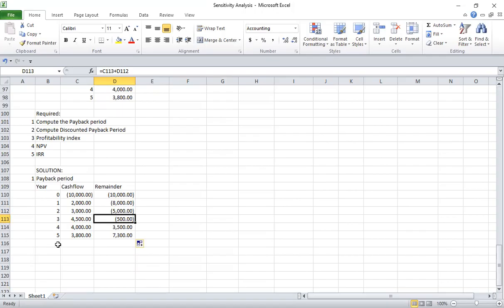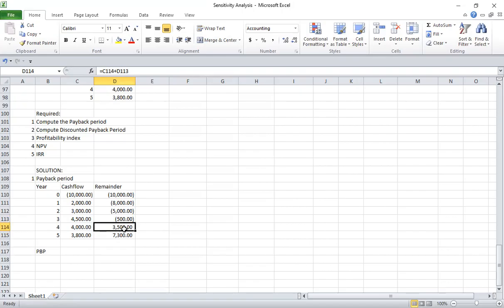For that reason, we shall agree that the payback period is how many full years do we need? We need year 1, year 2, and year 3. We need year 4, but not the whole of year 4. That's why you remain with a positive 35 in year 4.